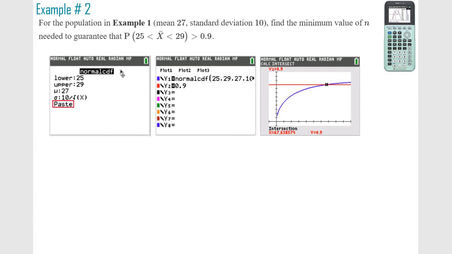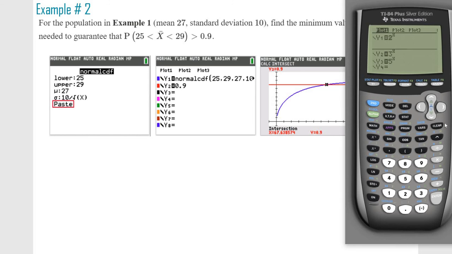We plug the normal CDF into our equation, and we want it to be a probability of 0.9. Then we graph those two lines and see where they intersect, because the normal CDF output gives you the probability, and we want it to equal 0.9.